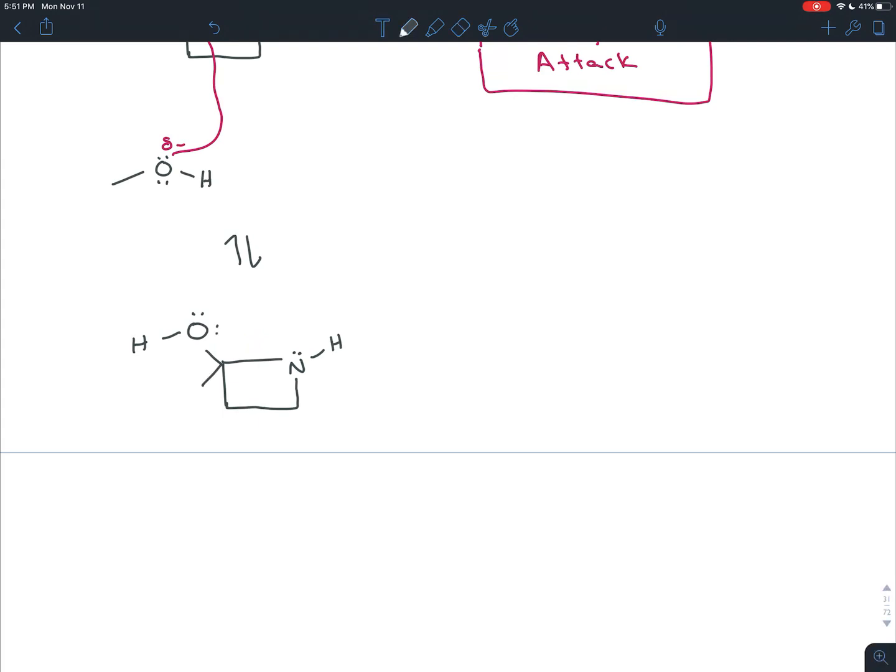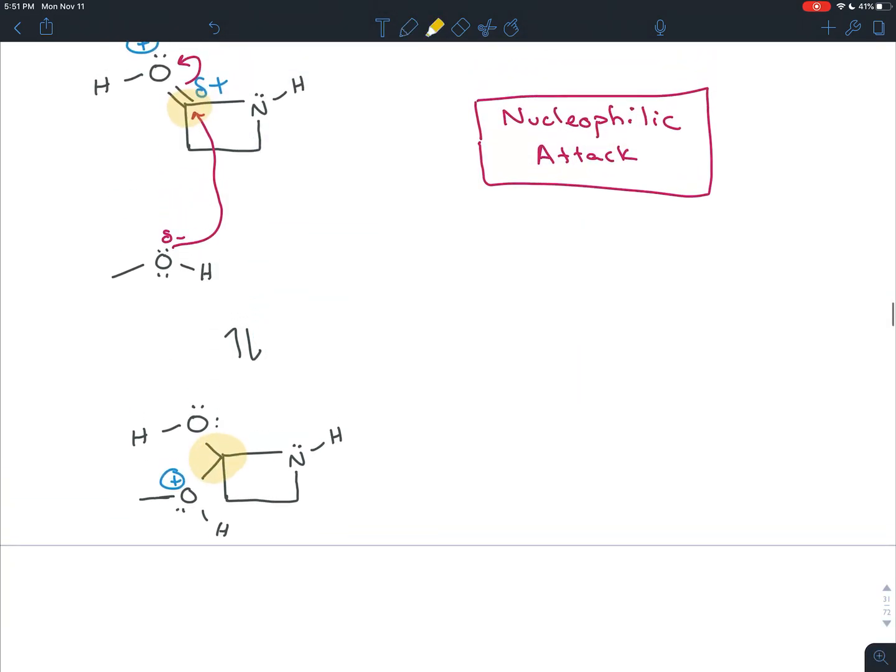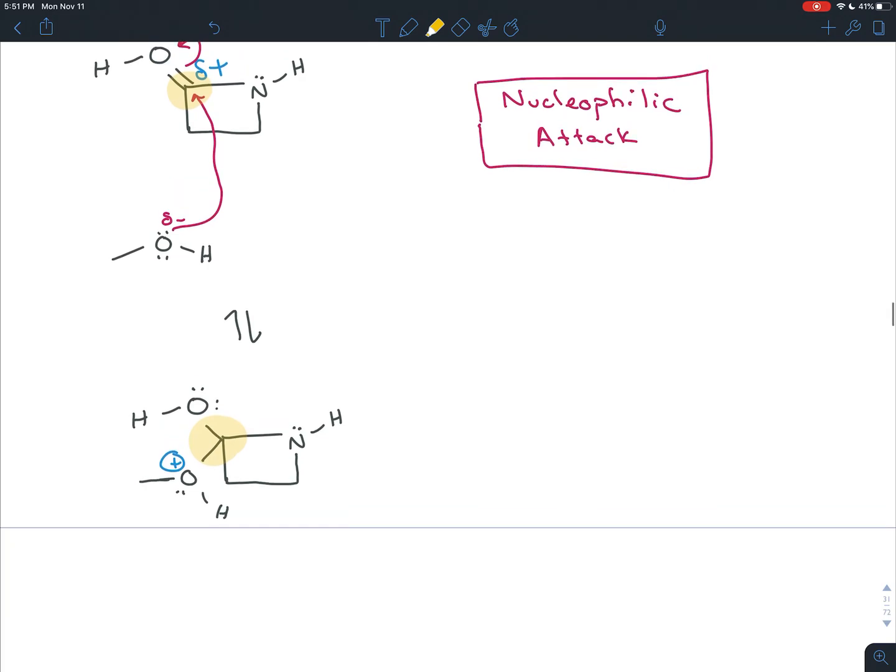And now, what was the carbonyl carbon has only single bonds and is sp3 hybridized and tetrahedral. So we have our famous tetrahedral intermediate.